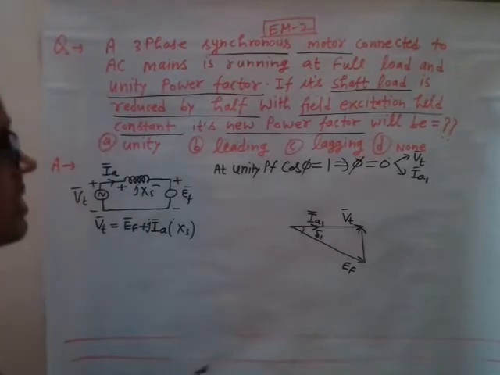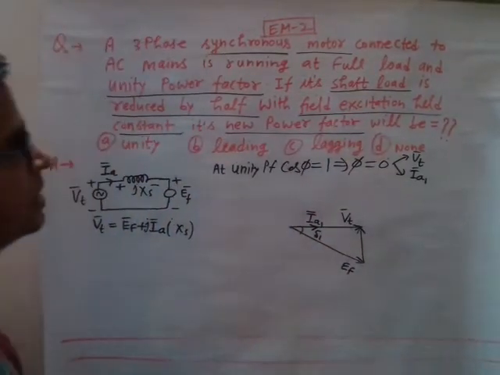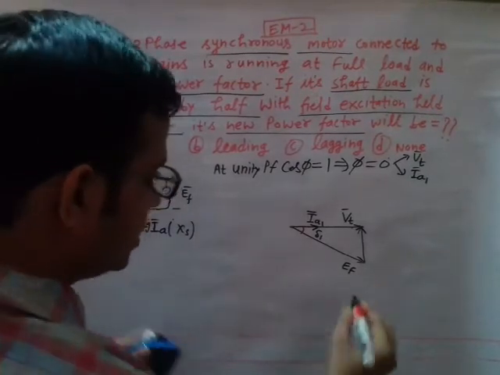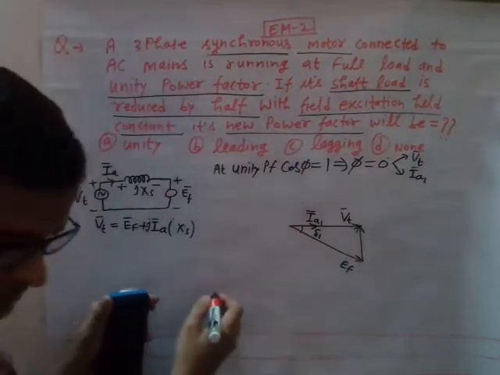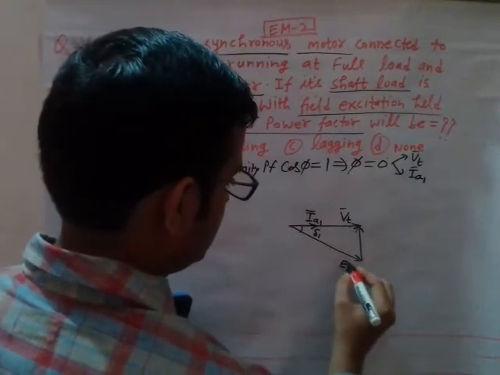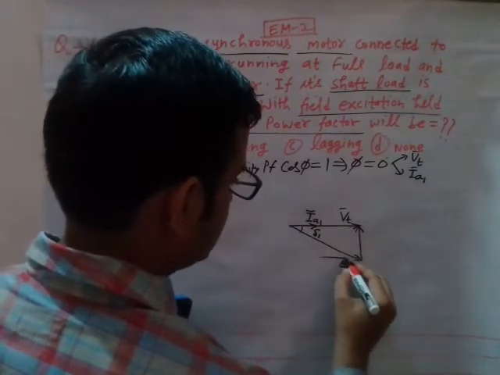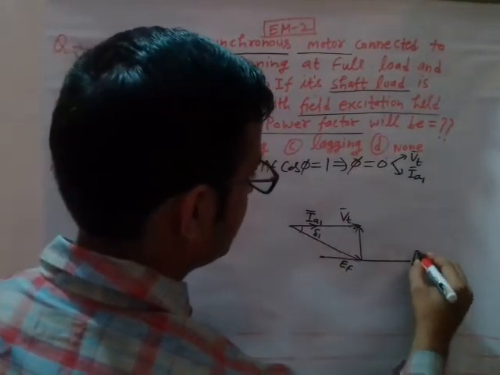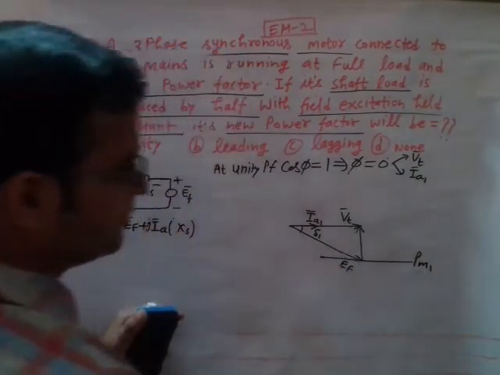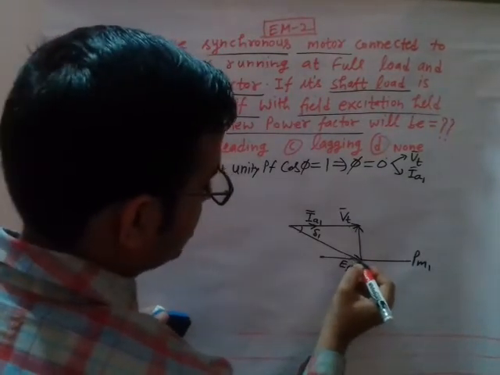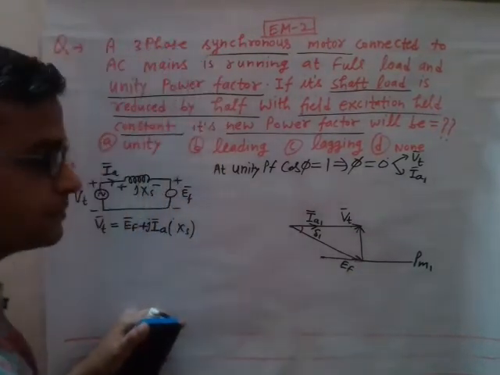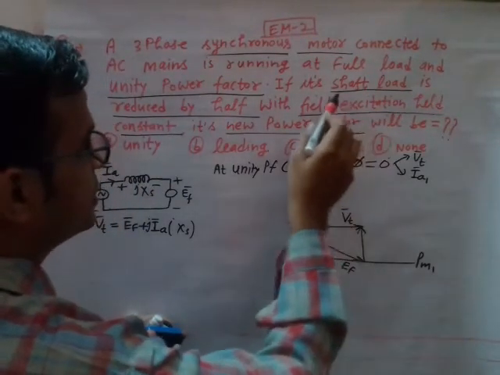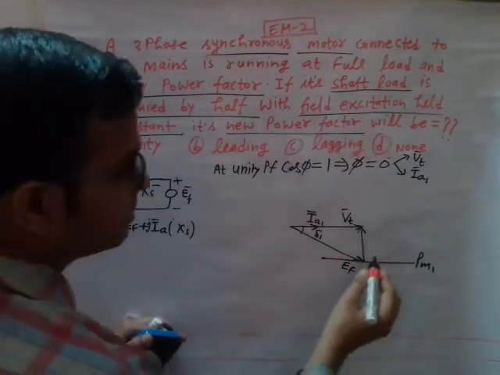Now he is saying that the shaft load, the mechanical load, is reduced to half. Suppose initially the mechanical load was PM1, represented by this line. Keeping field excitation fixed, reduce the mechanical load by half.